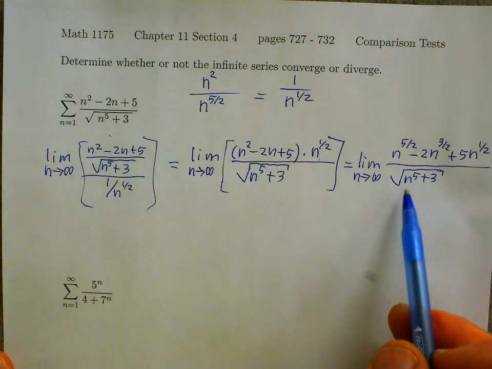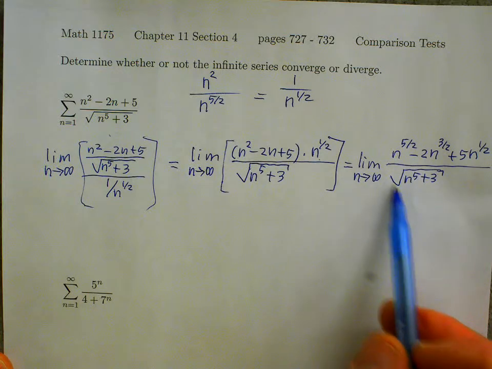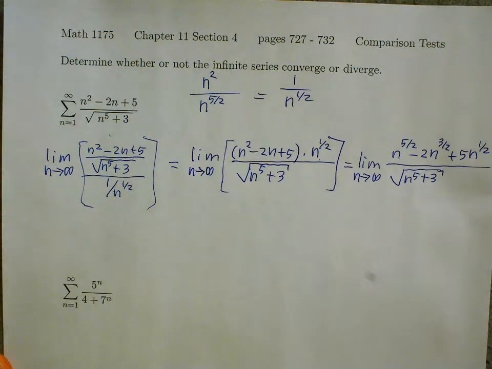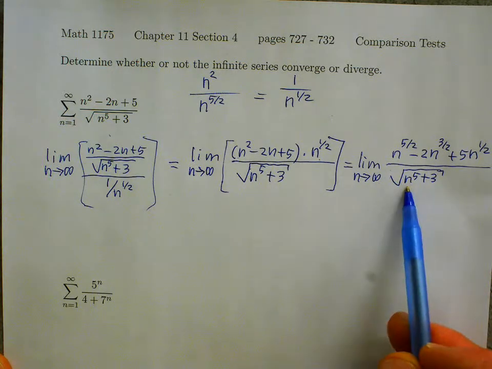So the largest power in the denominator is n to the 5/2, because we have the square root of n to the fifth.